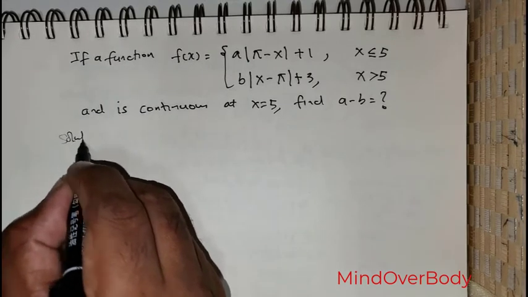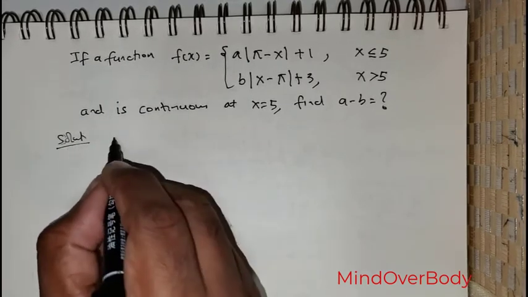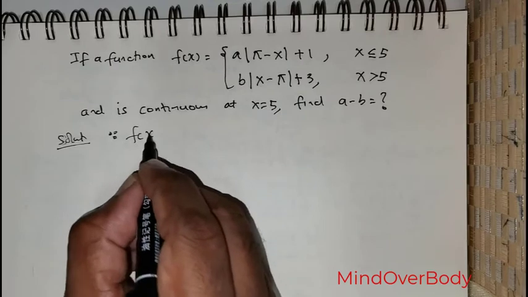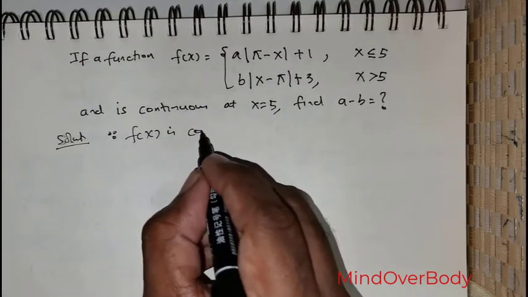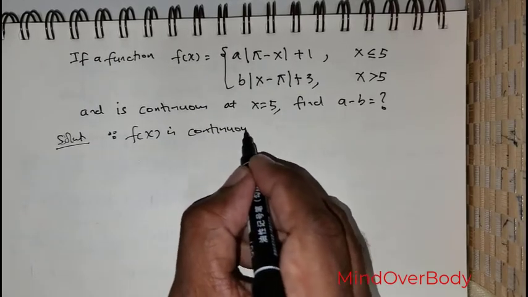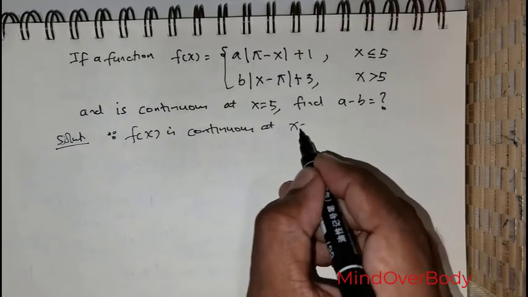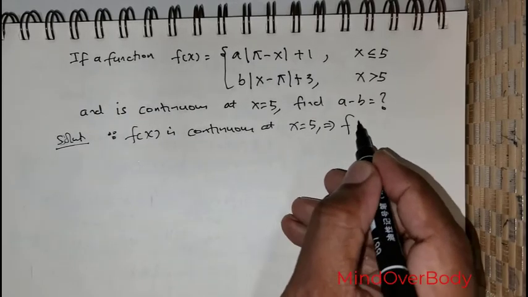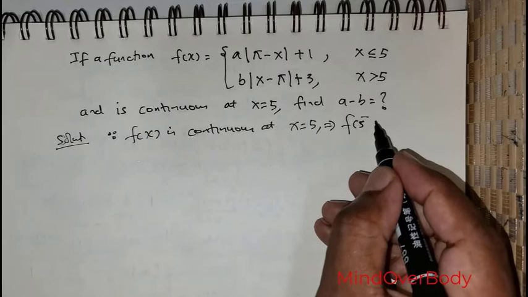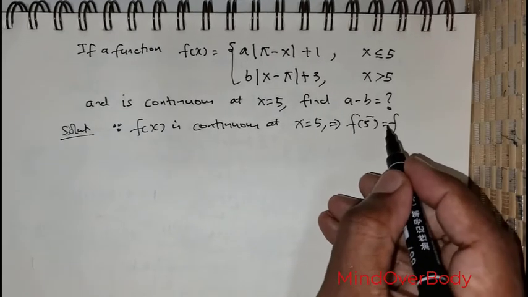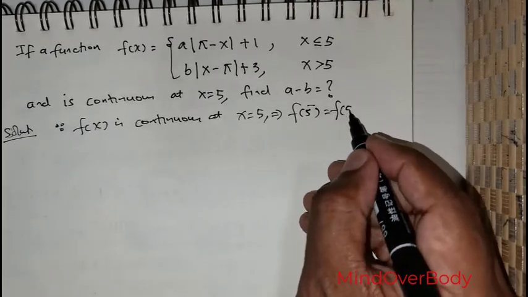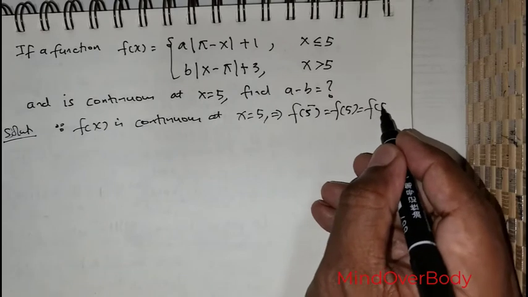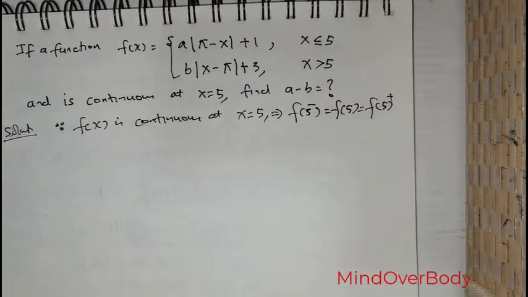So, solution, I will start off like this. Since f(x) is continuous at x = 5, this means f(5) from the left side is equal to f(5), which in turn is equal to f(5) from the right-hand side.